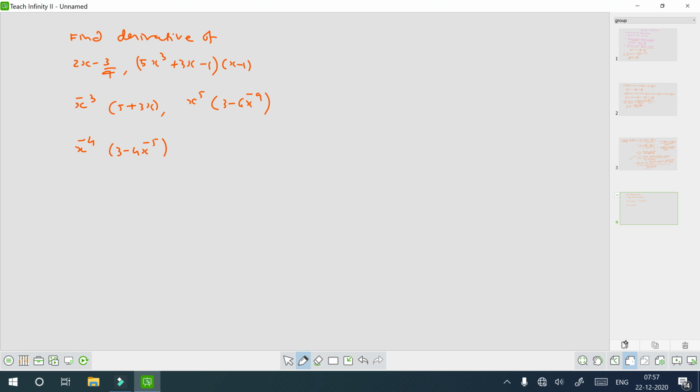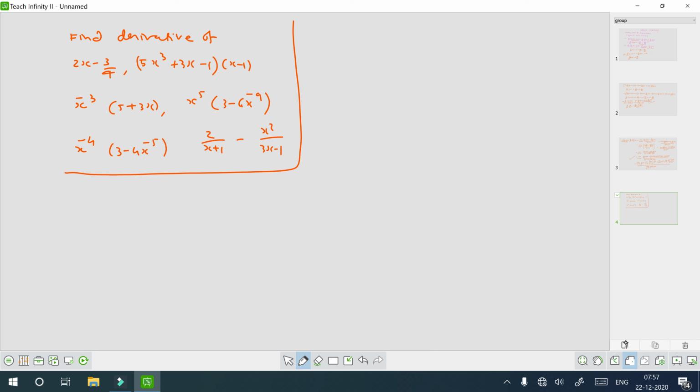Let us take, find derivative of 2x minus 3 by 4, 5x cubed plus 3x minus 1 into x minus 1, x raised to minus 3, 5 plus 3x, x raised to 5 3 minus 6x raised to minus 9, x raised to minus 4 3 minus 4x raised to minus 5, 2 over x plus 1 minus x square over 3x minus 1. જો ભાઈ આ ટાઈપના સમ્સ આપેલા છે.